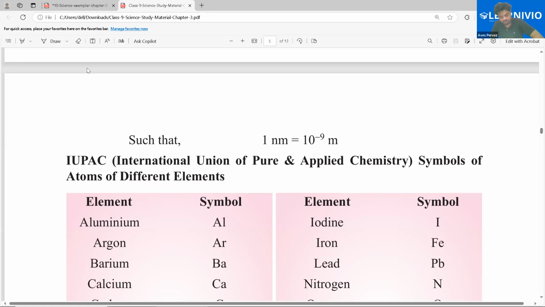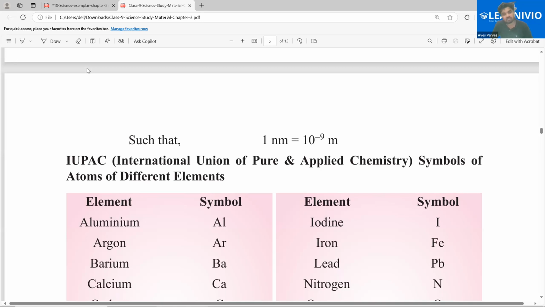Indivisibility of atoms. Dalton's theory stated that atoms are indivisible. However, later discoveries like subatomic particles such as electrons, protons, or neutrons implied that atoms can indeed be divided further. No explanation for isotopes. Dalton's theory stated that all atoms of the same element have identical masses, but the discovery of isotopes showed that the atoms of the same element can have different masses, for example, carbon 12 and carbon 14.